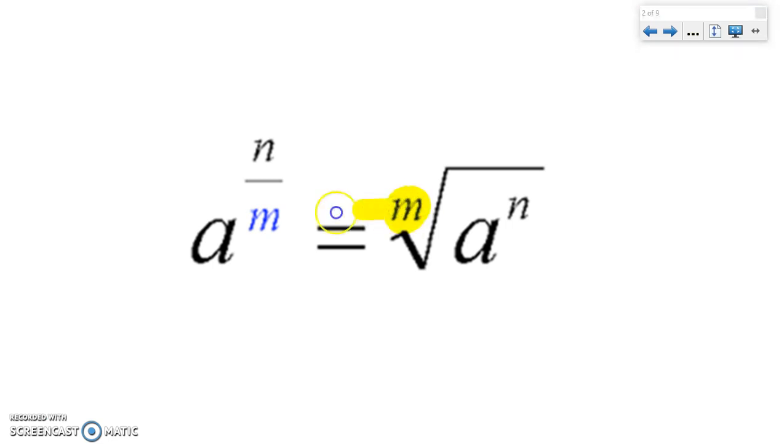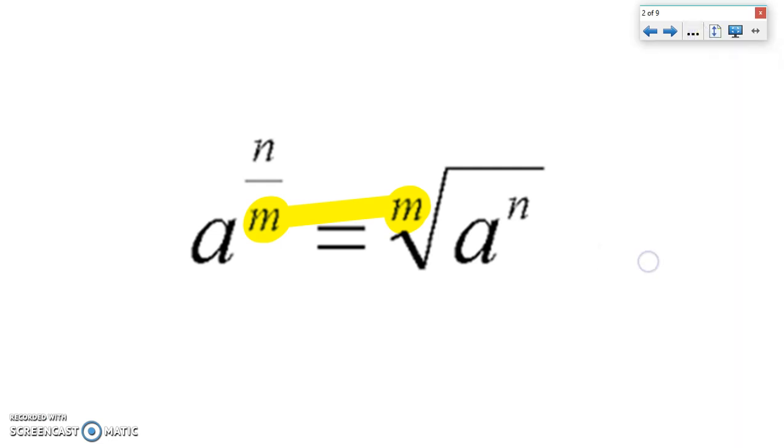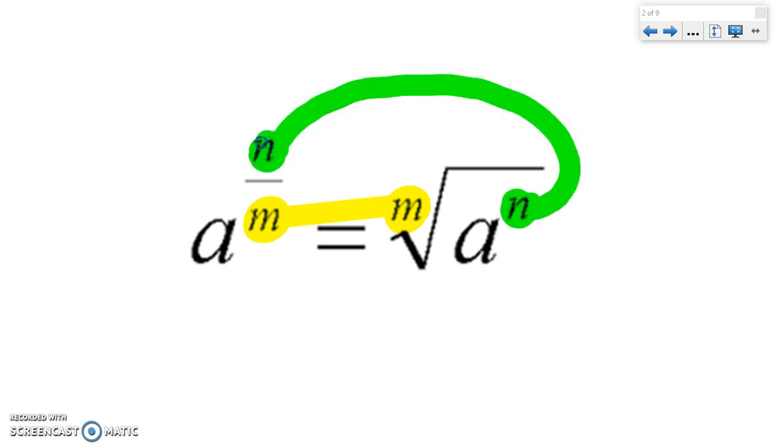So the index gets translated to the denominator of your fractional exponent, and the exponent that would be on the radicand becomes the numerator of your exponent.